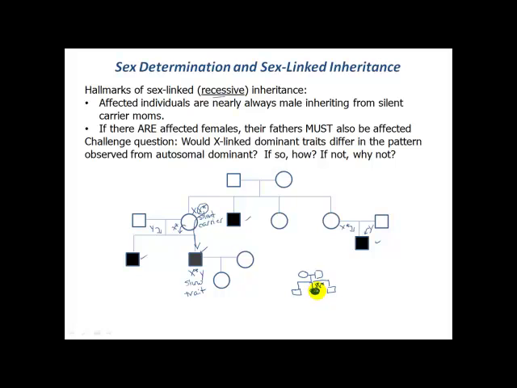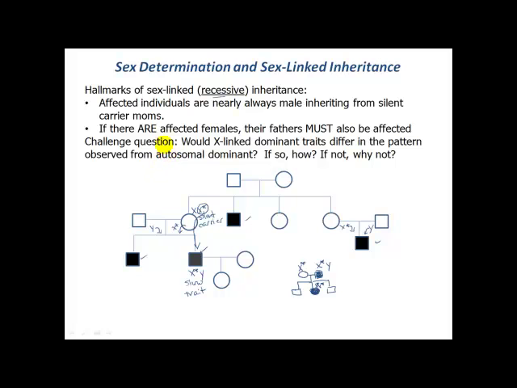She'd have to have two bad X's. Well, where did she get her X chromosomes? One would have had to come from mom. The other would have had to come from dad. And if dad has a bad X, because he doesn't have a backup Y, he is also going to have to be affected by whatever this trait is.